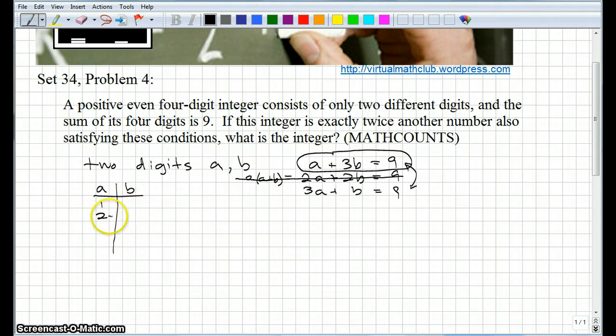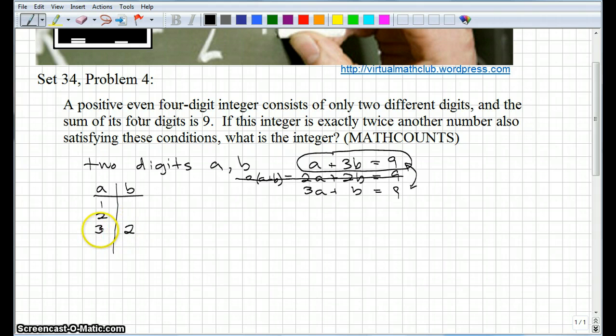Let's say A is 2, then the 3 B's would have to add up to 7, and again, that's not divisible by 3. If A is 3, then the B's have to add up to 6, so that means B could be 2.